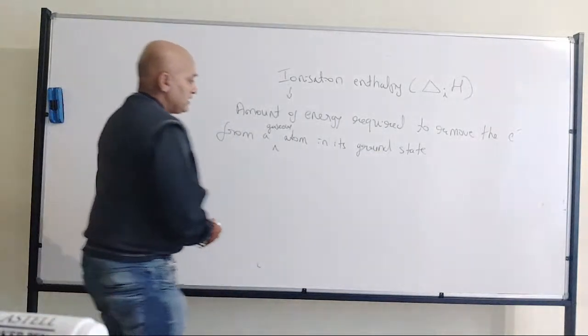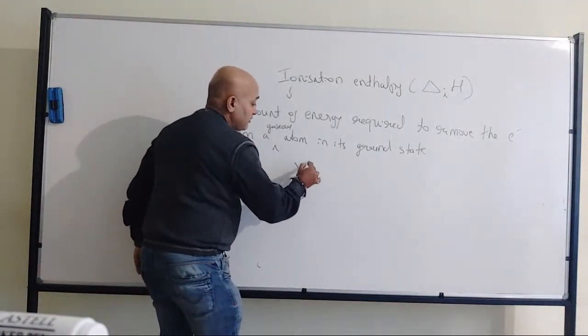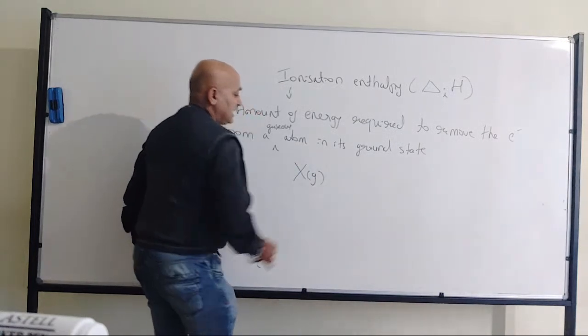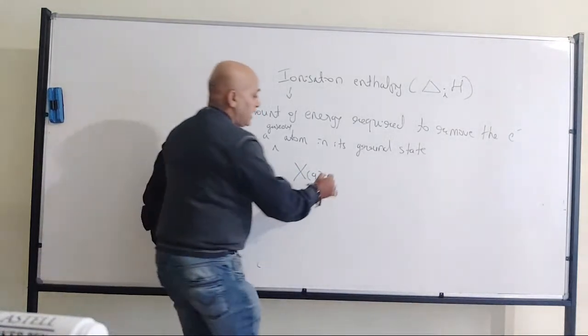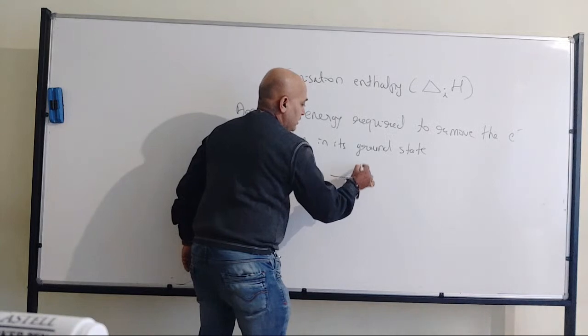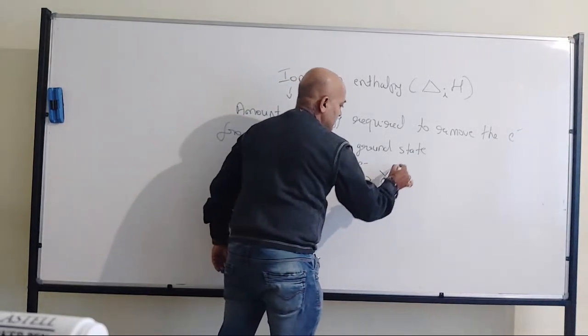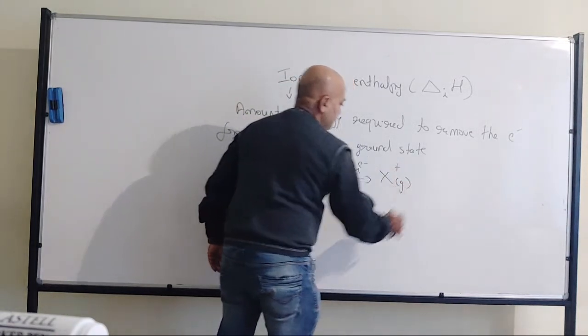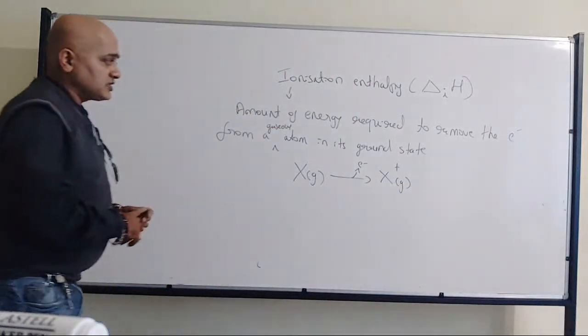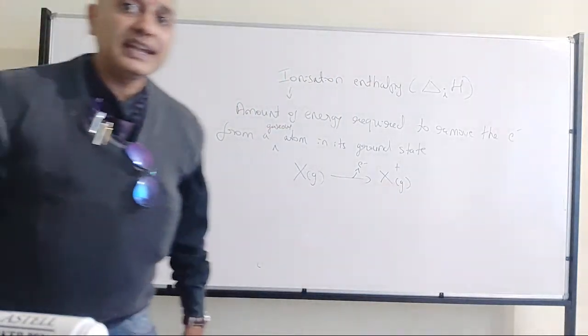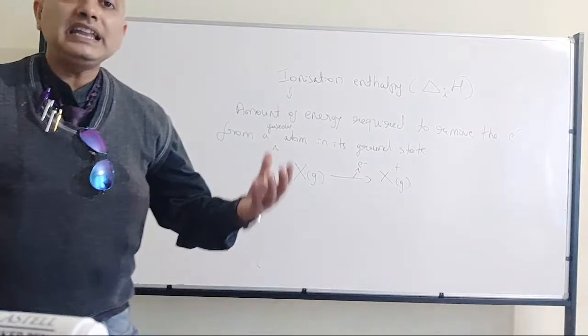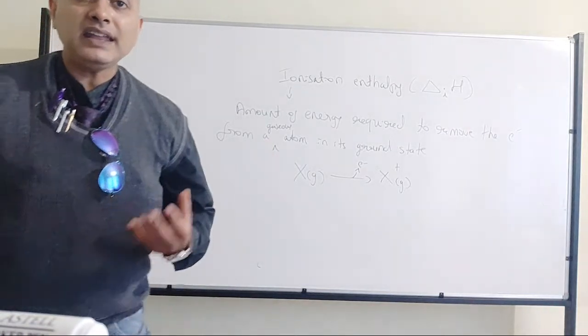So that's where we have the ionization energy or ionization enthalpy. That means if I want to go with the equation, I have the element. Now there will be removal of electron. Since one electron has been removed, it will gain one positive charge. When it comes to electron gain enthalpy, the element was converted into anion.